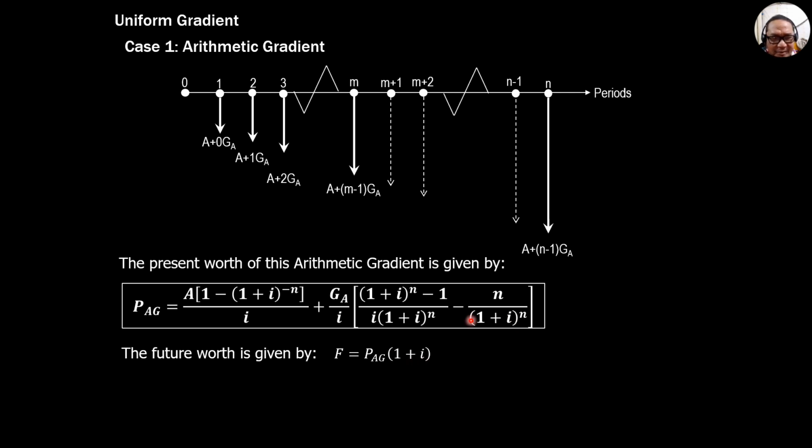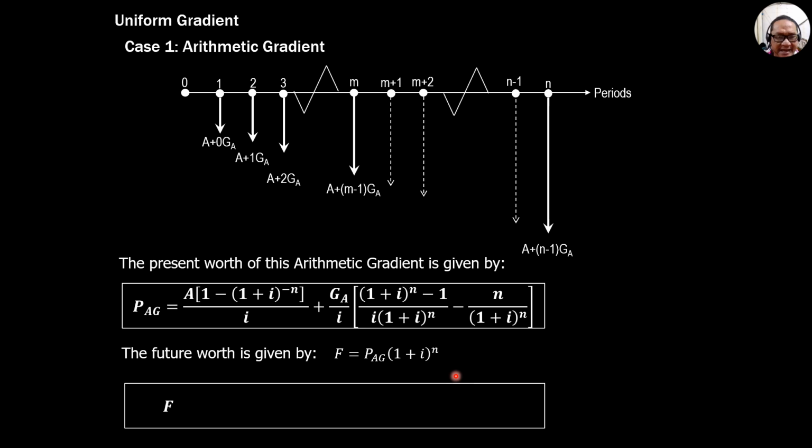From this formula, all you have to do is multiply this formula by 1 plus I to the n. And it becomes Fa equals A quantity 1 plus I to the n minus 1 over I, then plus G sub A over I quantity 1 plus I to the n minus 1 over I minus n. So that's the formula after we multiply this expression by 1 plus I to the n. So that's my suggestion also.